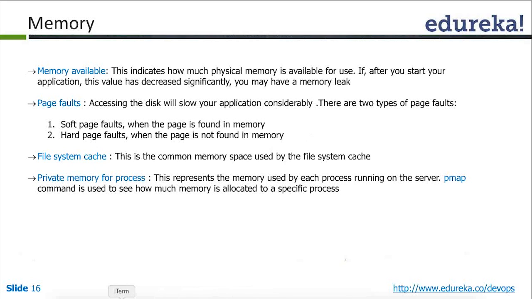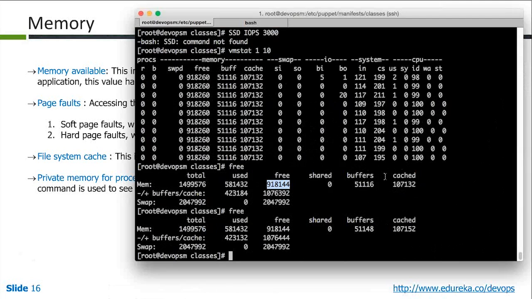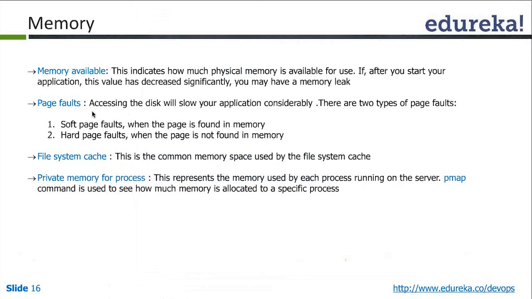Now, the other piece of information you need to know is swap in and swap out. If you start seeing a lot of activity, meaning numbers changing towards the high side, you are seeing a lot of page faults.